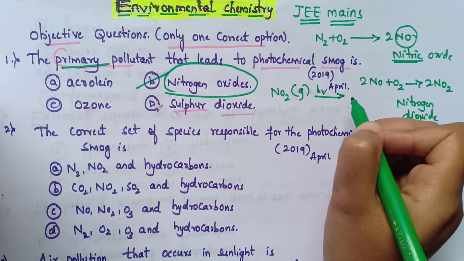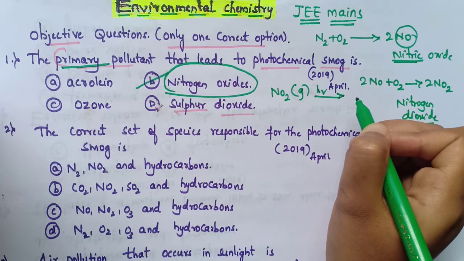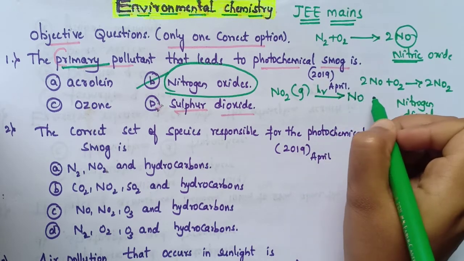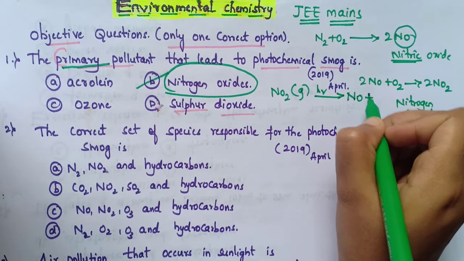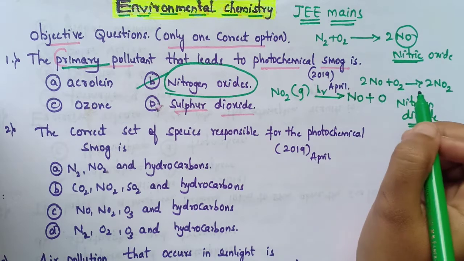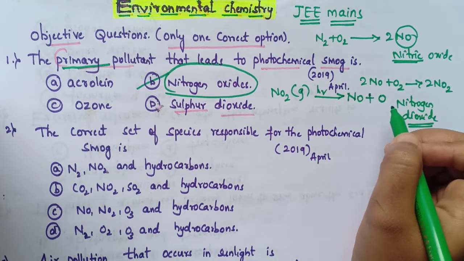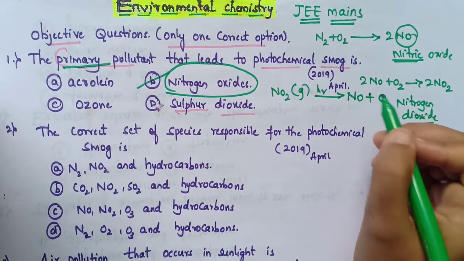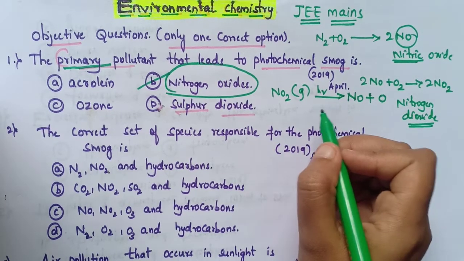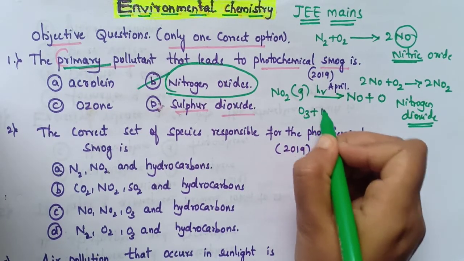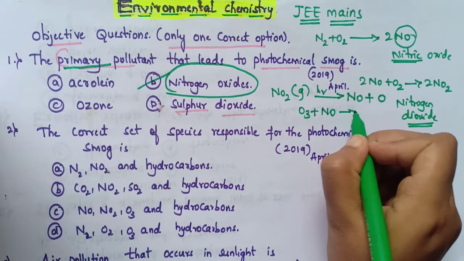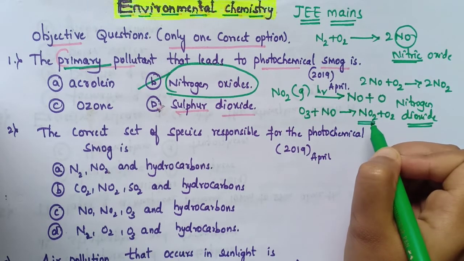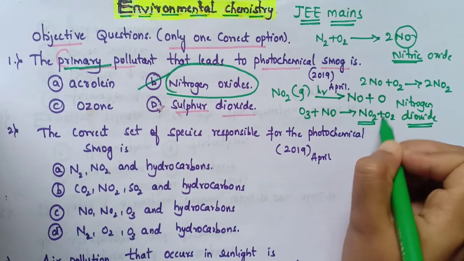It will undergo photochemical dissociation to produce the reactive species, that is NO plus atomic oxygen, which is also called nascent oxygen. This nitric oxide will react with ozone, that is O3 plus NO will give rise to NO2 plus O2. It is a brown gas, again nitrogen dioxide.